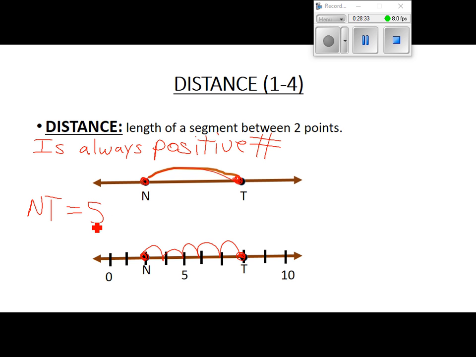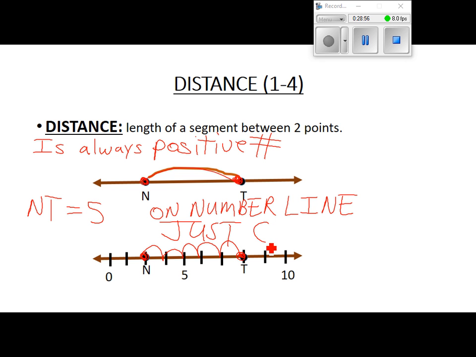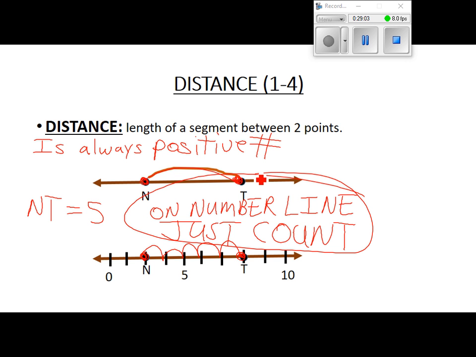Remember, this means the length of segment NT equals 5. So what I want you to write down here, probably the easiest way on a number line, just do what? Count. That's the easiest way. On a number line, just count.